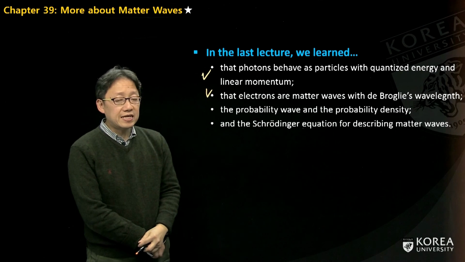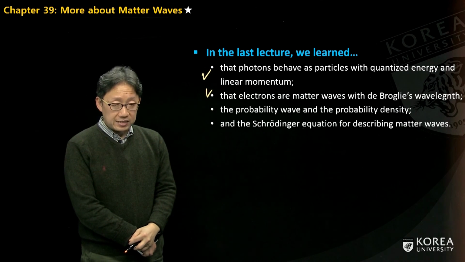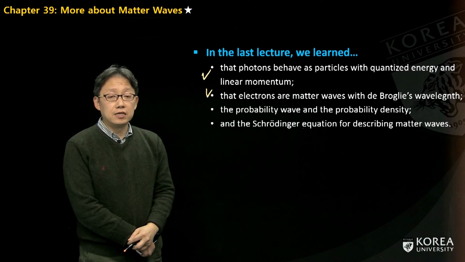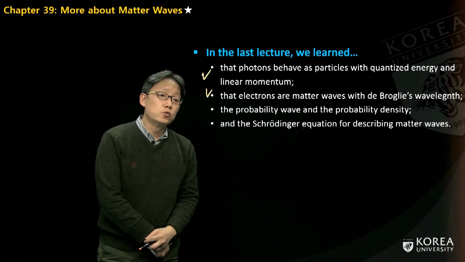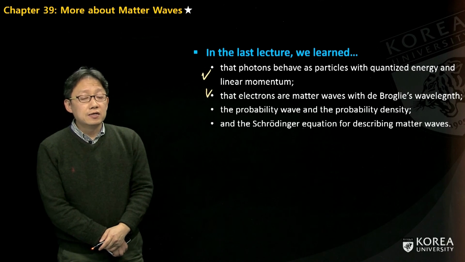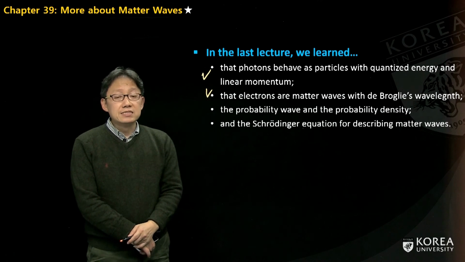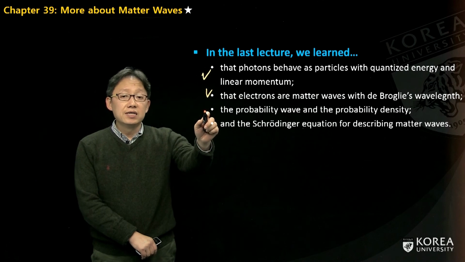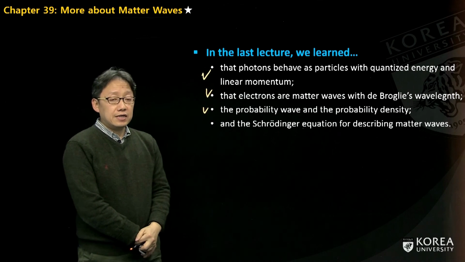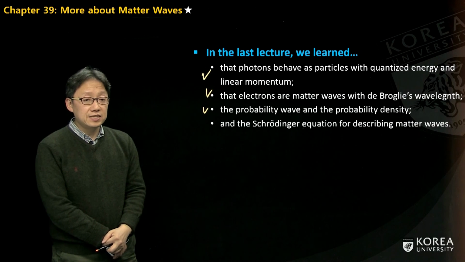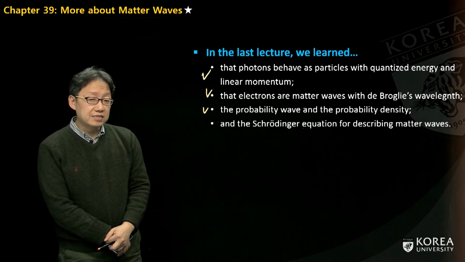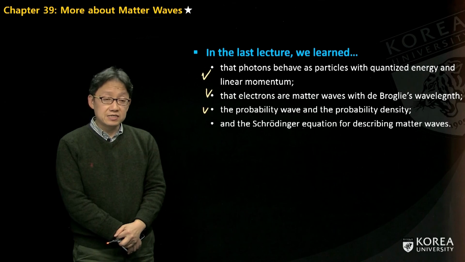We learned that the electron was a particle, but now we learned that electrons are matter waves, which can be expressed by the de Broglie wavelengths. And these matter waves are actually probability waves, and if you take the square of it, it becomes a probability density, which represents how this matter wave exists in space.